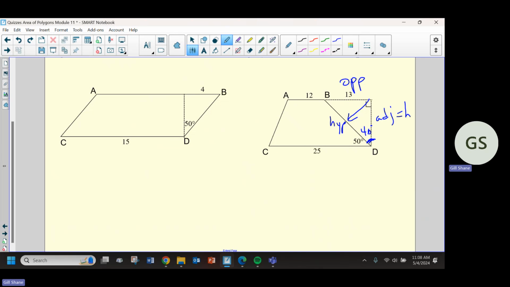So using my trig, tangent of 40, opposite over adjacent. So 13 over, I'm going to still use x. Tangent of 40 was 0.8391.